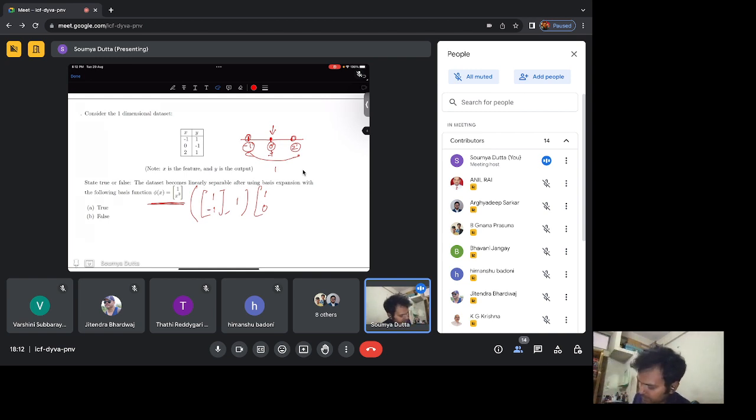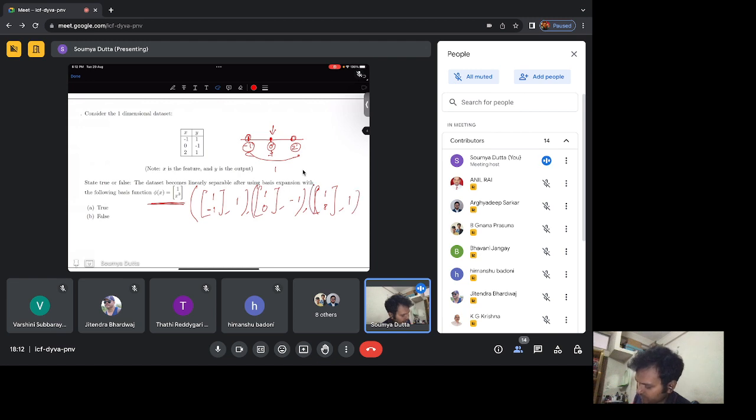The next point is 1 0, and the label is 1, and the final data point becomes 1 and 8, and this is again 1.